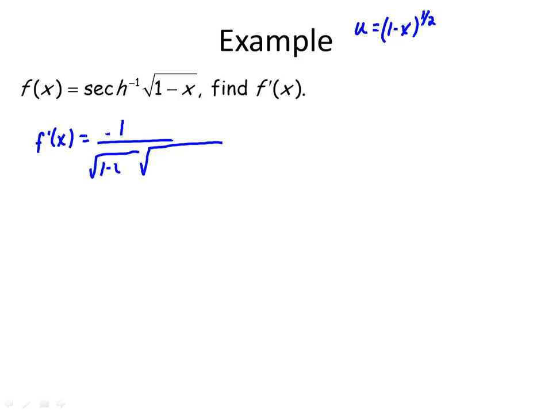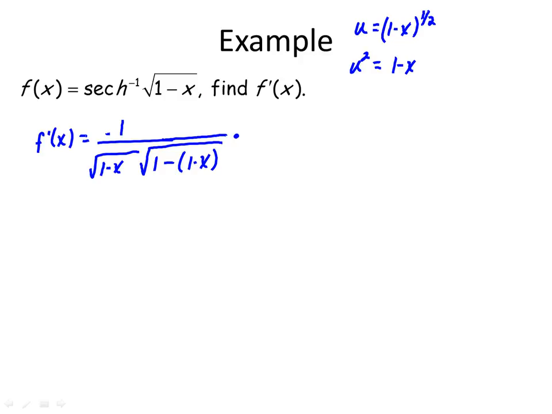We'll see. Square root of 1 minus u squared. Now, u squared we don't have. What is u squared going to be? What happens when you square a square root? They cancel out, and so you just get 1 minus x. Okay, so that's the derivative so far. Now what?